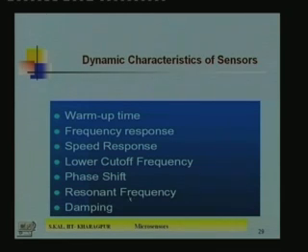That means, resonance frequency and damping is a critical parameter when you go for designing an inertial sensor, for example, accelerometers or gyros. Speed response is important for any kind of transient phenomena if you want to detect, and frequency response is important for any of the sensors which deal with electrical signal.